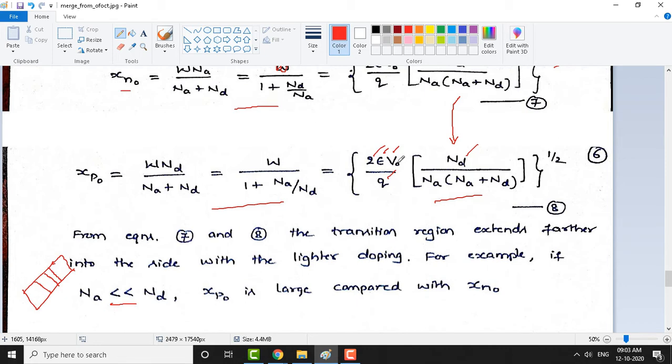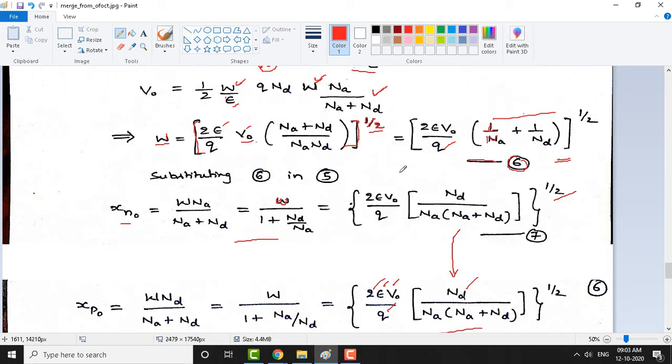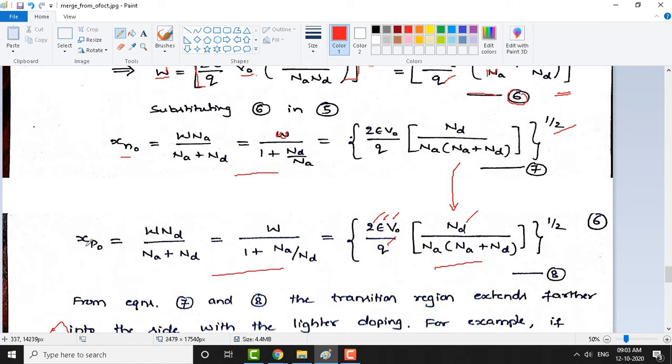So this W equation you can substitute here, and you can obtain a final equation for xp naught in terms of V naught. So in xn naught and xp naught, you can also write this alternative form of equation, xp naught in terms of epsilon V naught by q into Nd into Na plus Nd, the whole flower bracket shown here as a square root.